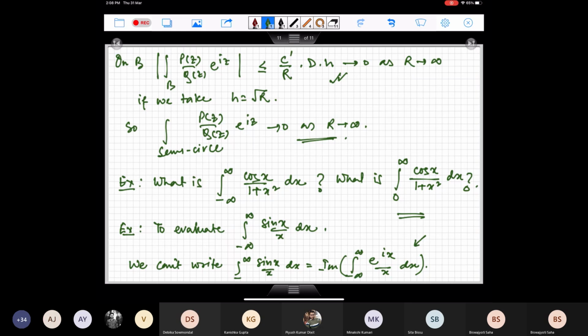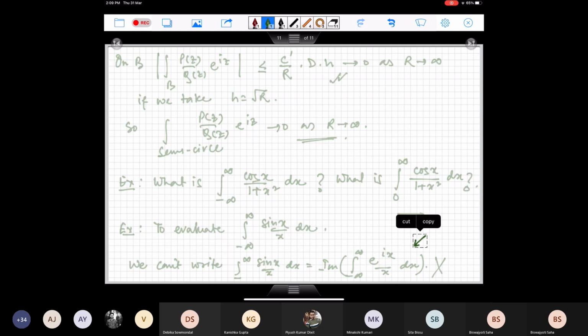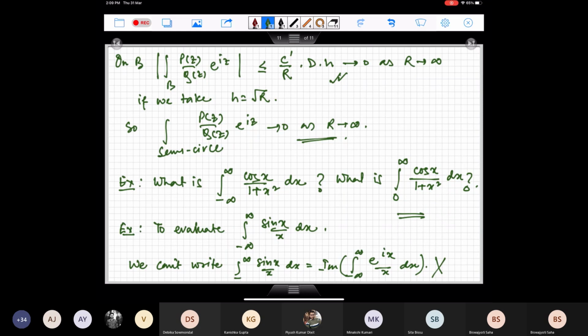Whereas the denominator is vanishing, the numerator is not vanishing, right? So actually the function e^{ix} upon x is having some kind of singularity at 0, right? So there is some problem. I cannot directly apply this. So this is not done, okay? Because the numerator is not vanishing. I can't really make sense, not of the imaginary part, but rather of the integral itself.